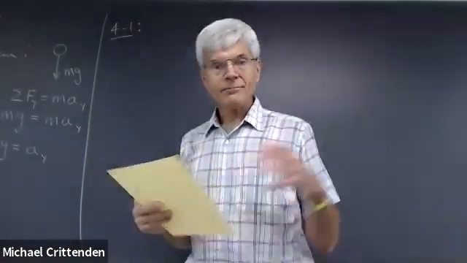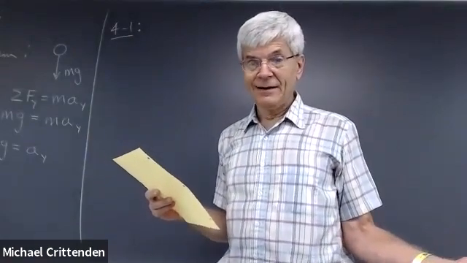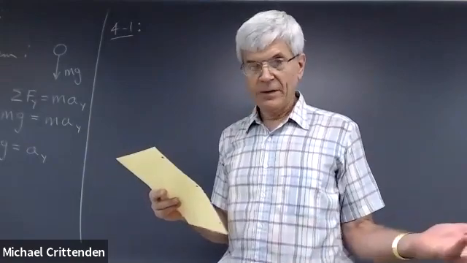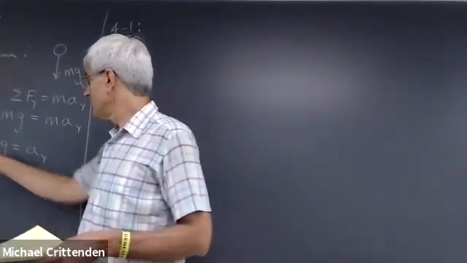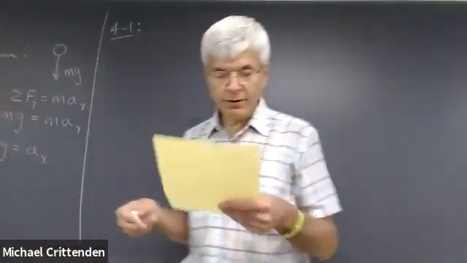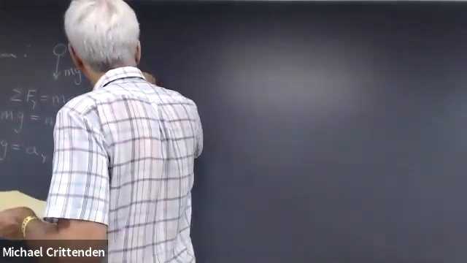Well, if you're going to think in terms of components, maybe a good place to start is to get all the components. Now, the components of the acceleration, 0 and minus g, you already know those. The initial velocity, we should do something with that.